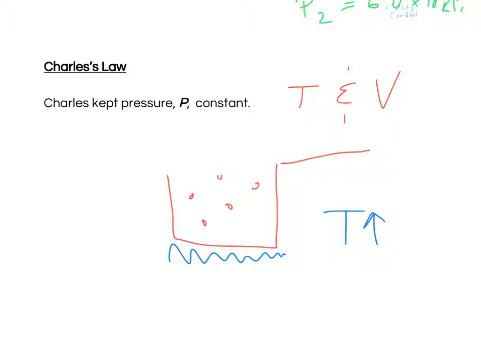So I want you to think about, well, what would happen to the volume of that gas? Right now, that gas is sort of nicely, more or less, if this is a pot of boiling water, it might be just sort of there on the surface, right? But what do you think will happen to that gas if I increase the temperature?